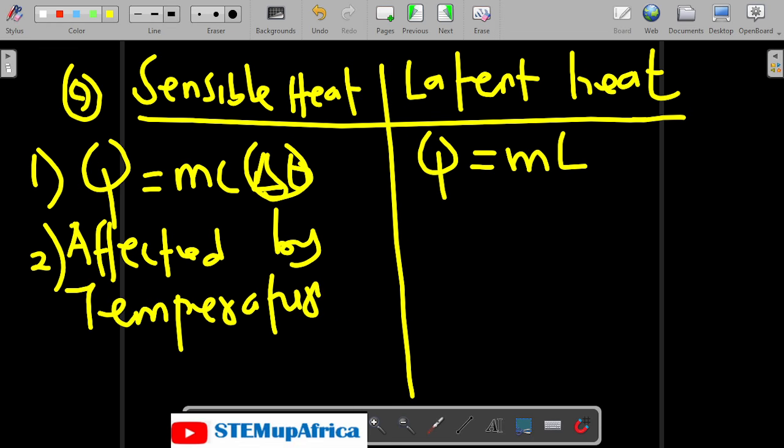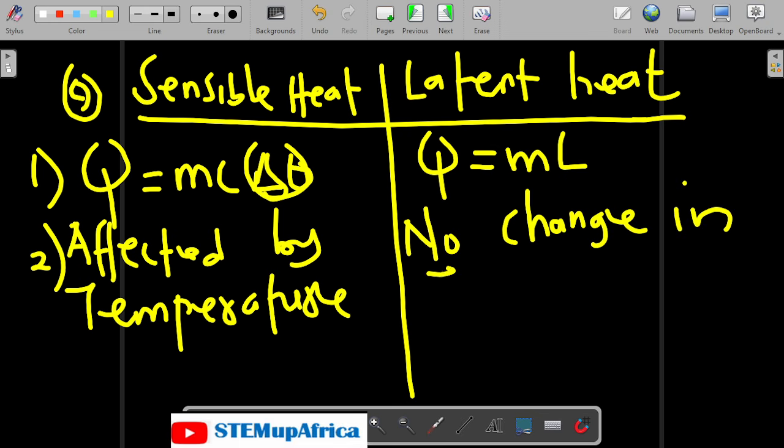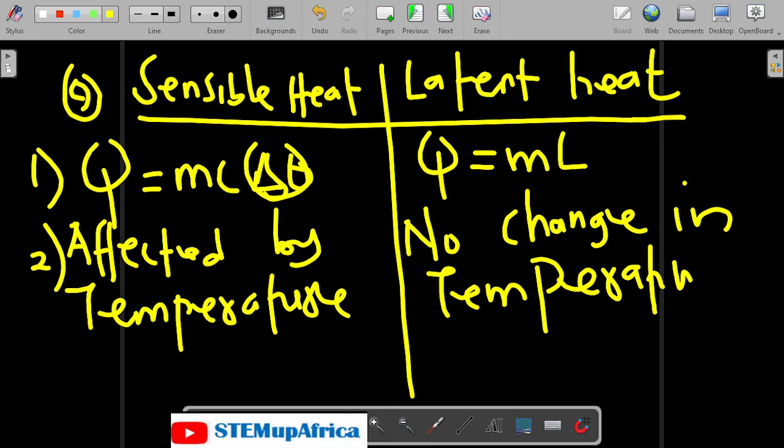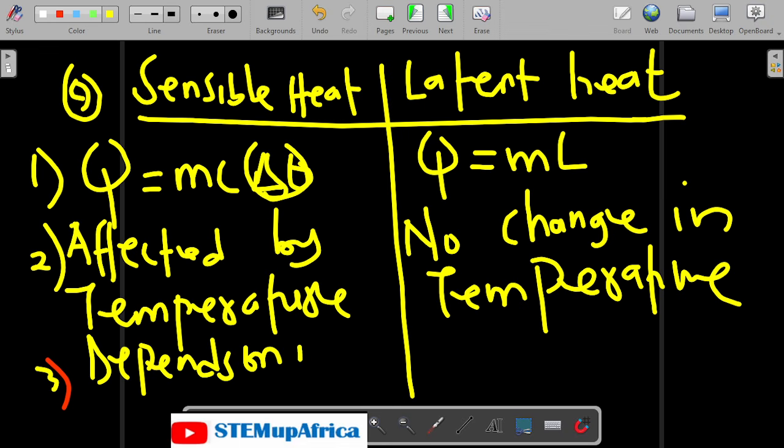The other has no change in temperature. So, number 3: the first one depends on mass, specific heat capacity, and change in temperature.